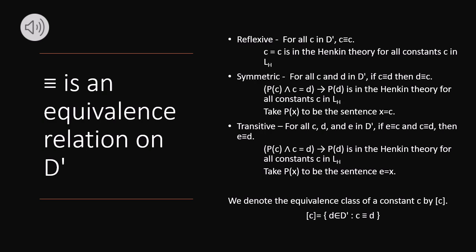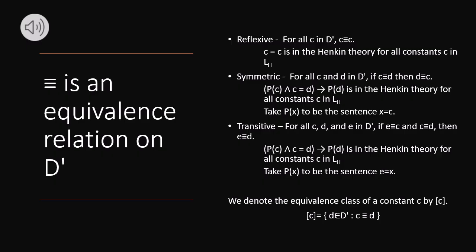And one of the assumptions that we made about our truth assignment at the very start of this proof of the Henkin construction was that our truth assignment assigned each of the statements in the Henkin theory as being true. So by our definition of this relation that we're proving is an equivalence relation, we know that C is equivalent to C, or C is related to C.